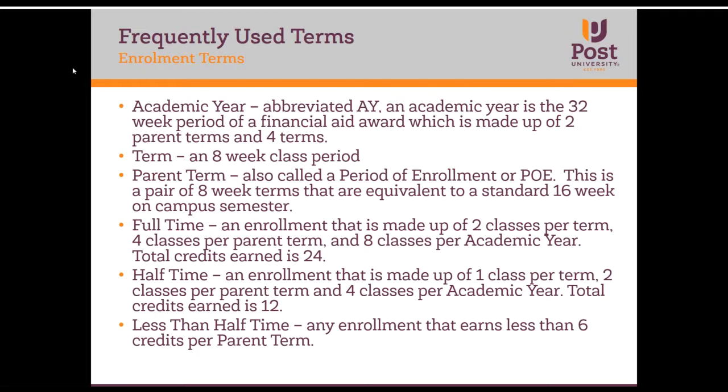There are going to be situations where it's unavoidable. Again, that's when you want to work with your academic advisor, your financial aid advisor, and even possibly student accounts if you have to set up a payment plan. If you know these less than half-time periods in advance because there's a particular thing happening in your personal life, we can always work that out ahead of time.